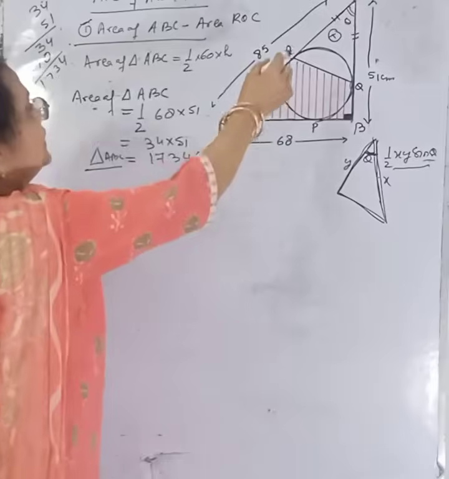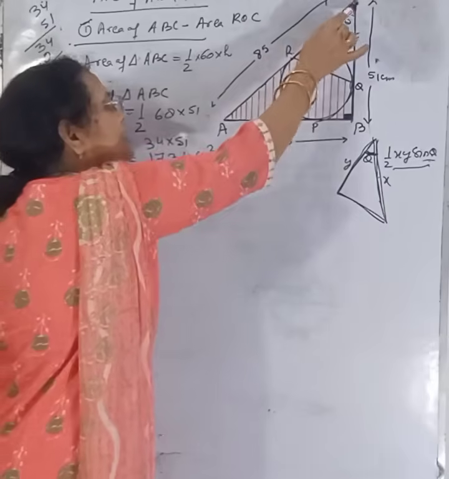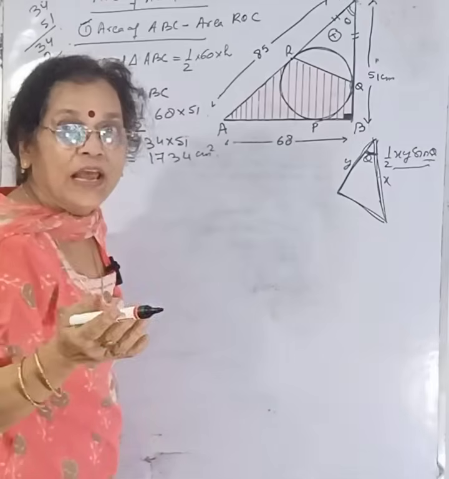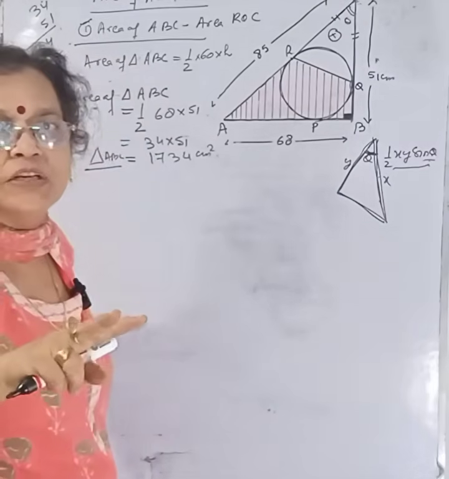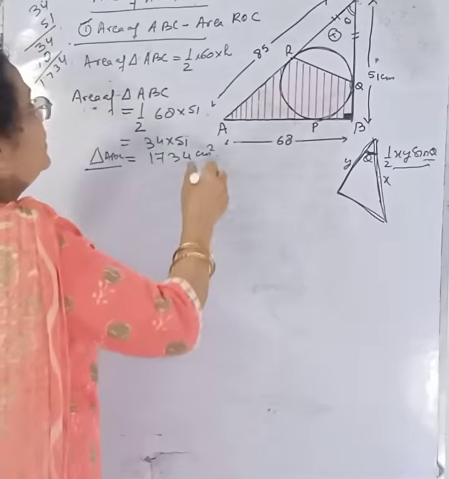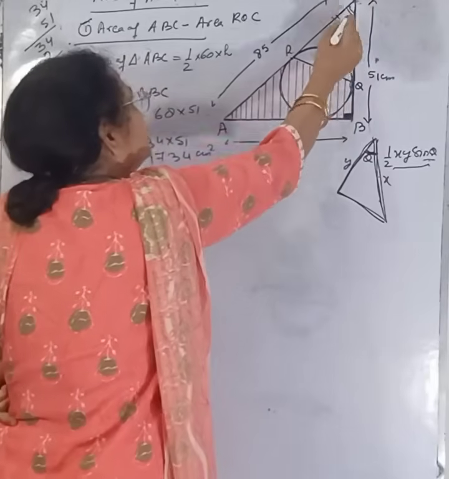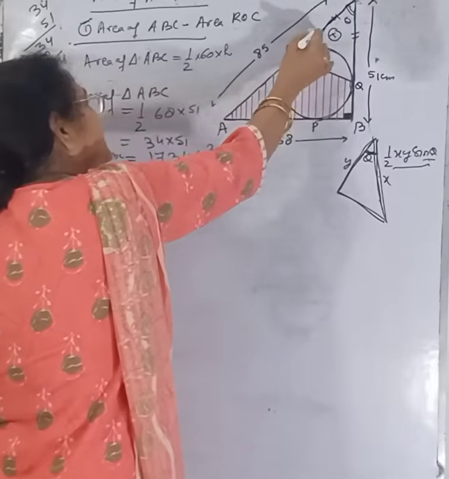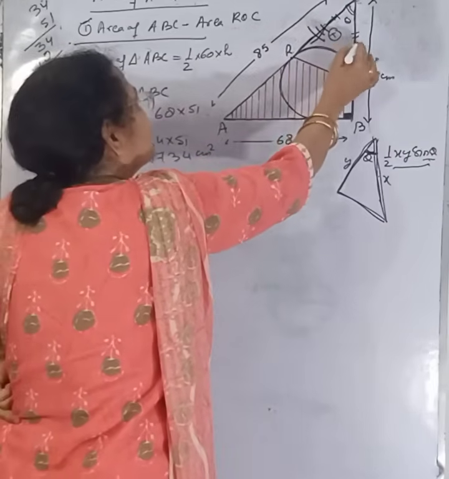And because these are tangents from C, there is a theorem about the rule of tangents: the two tangents drawn from a point outside the circle are always equal to each other. So this tangent will be automatically equal to this one.